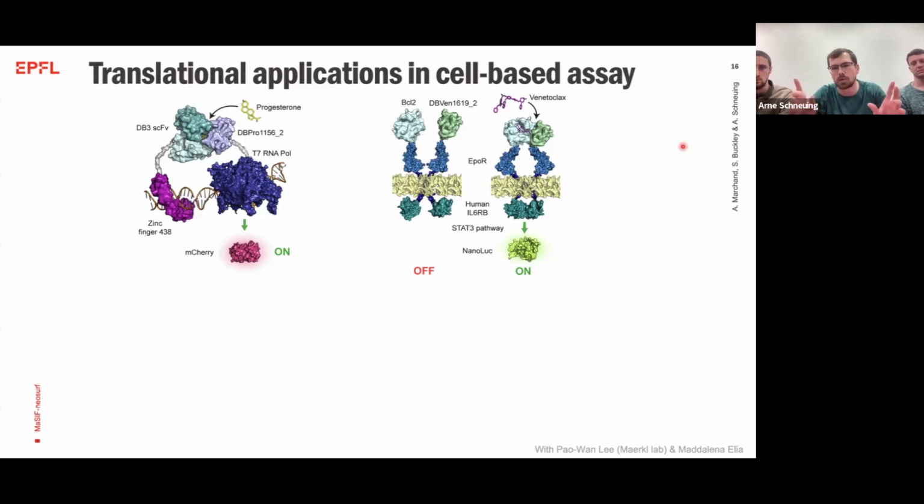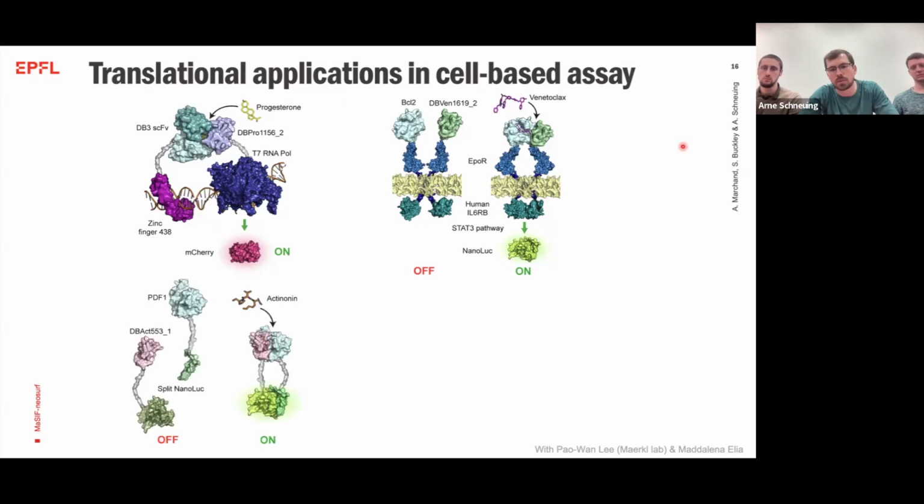The receptors are on two different chains, and they shouldn't interact unless the small molecule is present. So you have each of your interacting proteins on separate chains, and nothing happens. When you give the small molecule that induces the protein-protein interaction, the chains come together, and this causes a conformational change that eventually induces transcription and translation of a reporter protein. In this case, it's a luciferase readout.